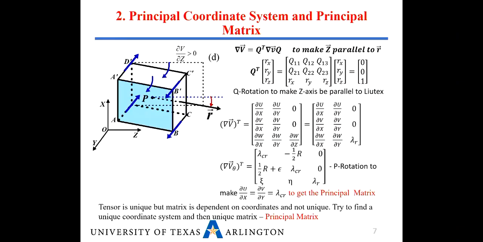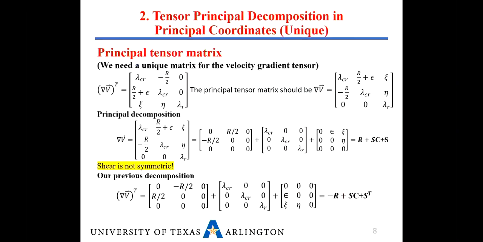Then this is unique. We want to get unique coordinates. Otherwise you can get different coordinates, and at each point a different decomposition. When we get that, then it's easy to do the decomposition.